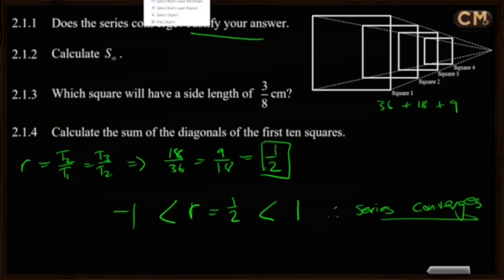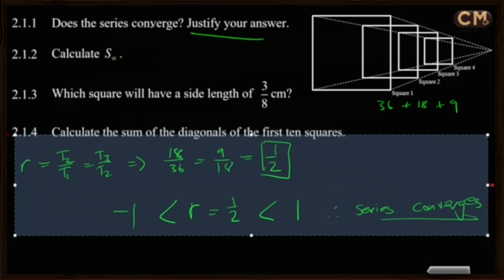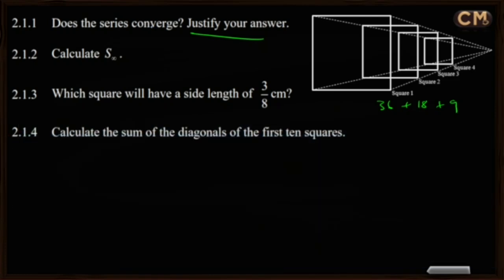Let's clean this up. Come now, let's clean this up. It's clean. And bring back whatever information is pertinent. In this case, that r is equal to 1 over 2. Calculate the sum to infinity. Well, the sum to infinity, according to the formula, looks like this. That's the first term. And then as the denominator, we have 1 minus r.